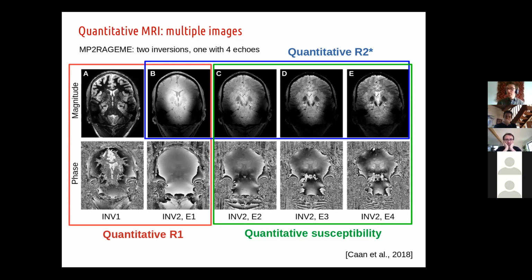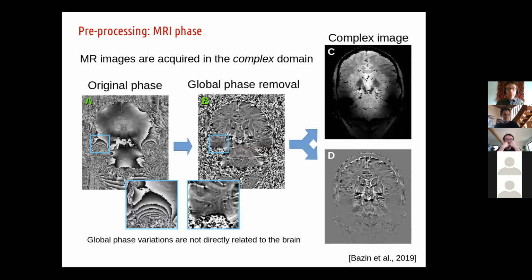So how do we apply those methods on those images? The first thing we need to do is a little bit of pre-processing of the phase data, because it includes both the phase differences that are intrinsic to the anatomy and a global phase variation that is intrinsic to the scanner.